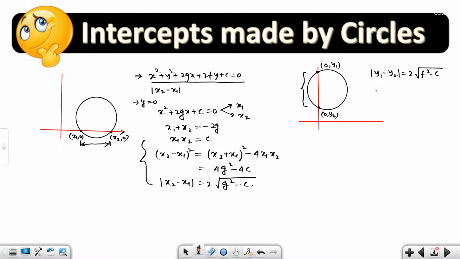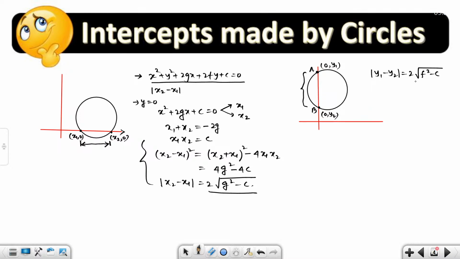The equation of y-axis is x equals to 0. So put it and find out the distance between AB. Is it clear? The same way as I have done right now. So two things we have to remember here. The intercepted portion on the x-axis is 2 root over g square minus c. This you have to remember.